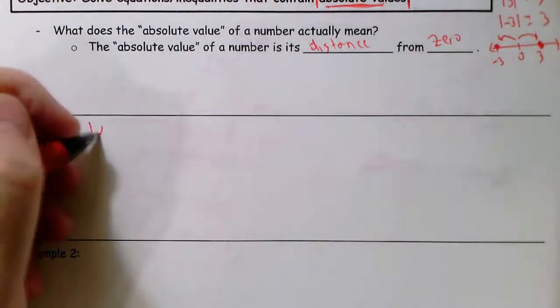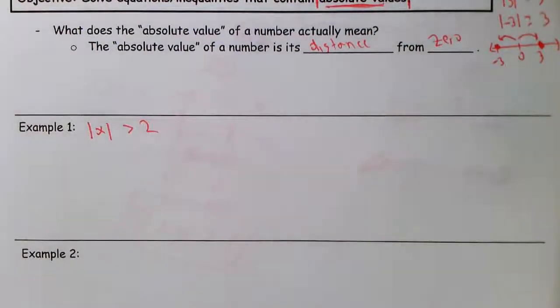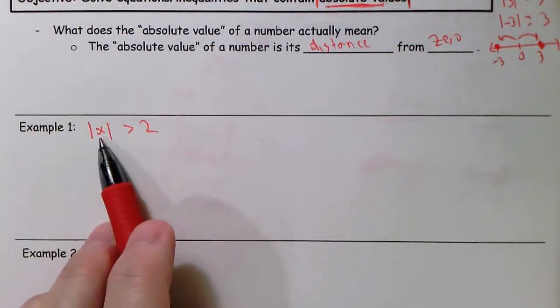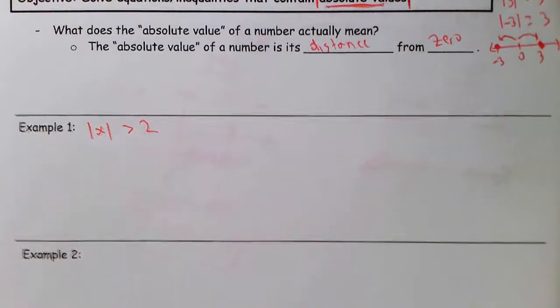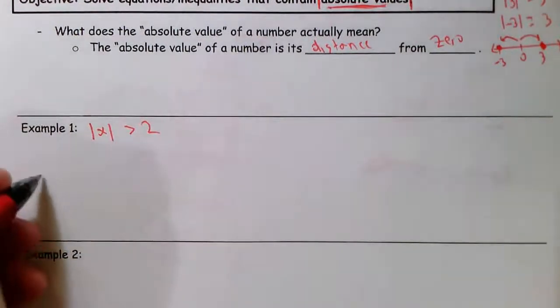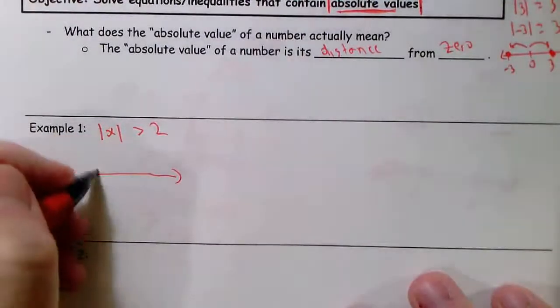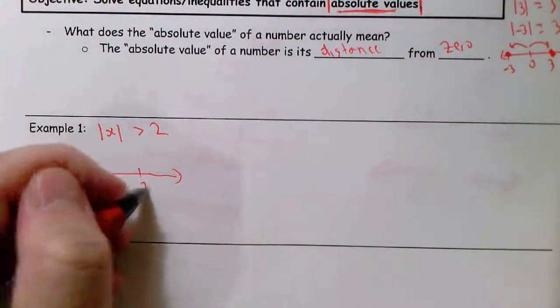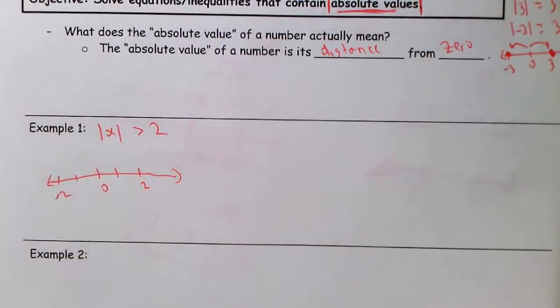So I'm going to do the absolute value of x is greater than 2. Now that means that whatever values of x I have are more than 2 spots from 0. I want you to see what that looks like on a number line. It will help us in the next example. So we know that 2 and negative 2 are 2 spots from 0.